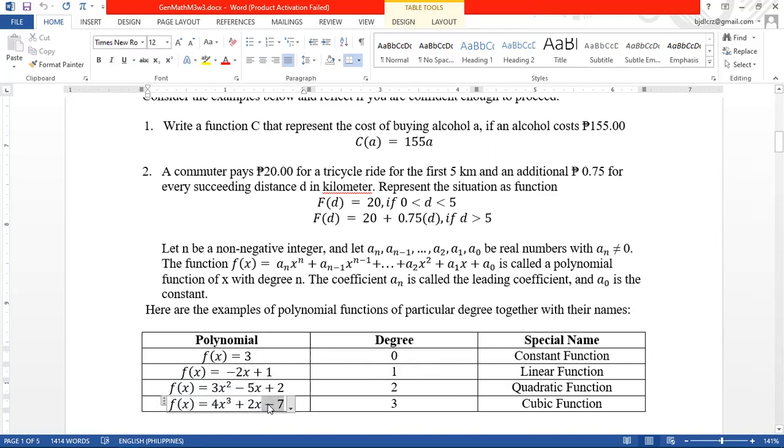This has a degree of three, since the cube is three, so that is a cubic function. If two, quadratic. If one, linear function. If there is only a constant, it is a constant function.